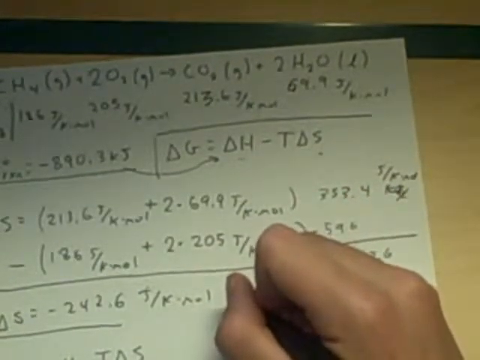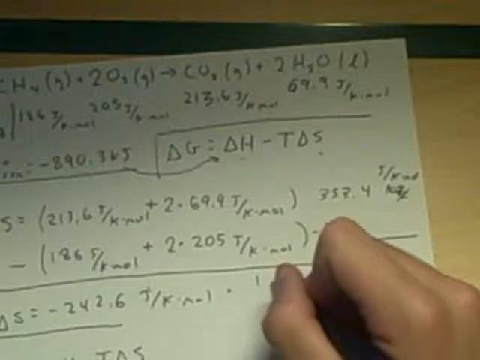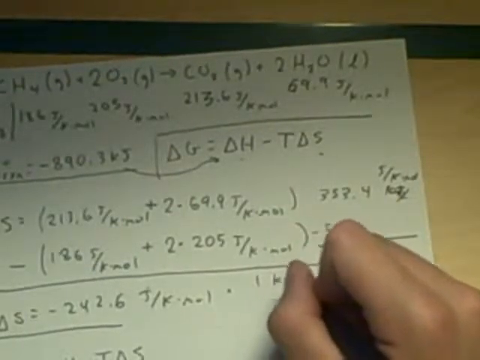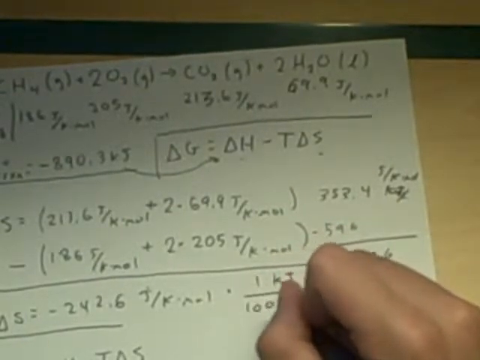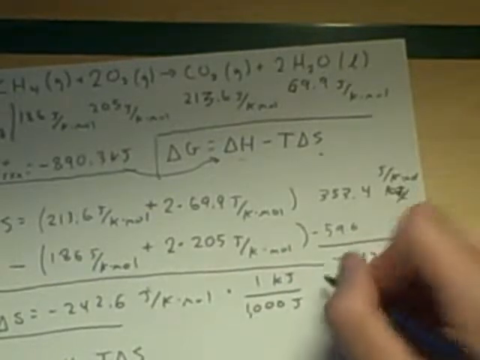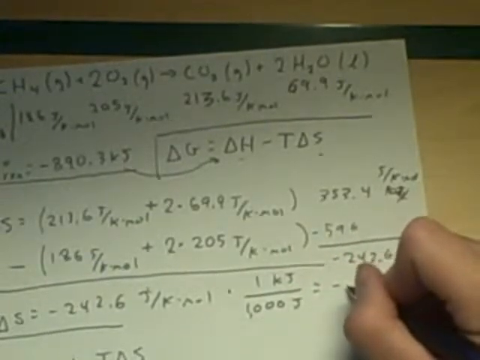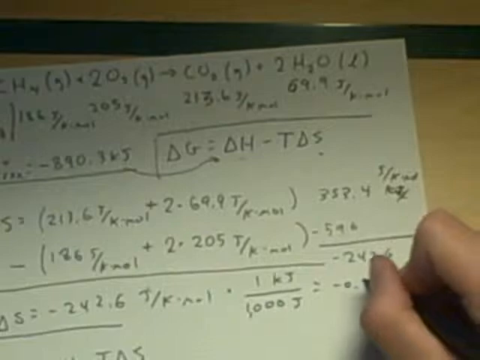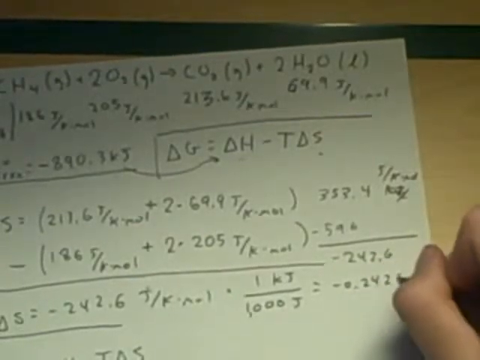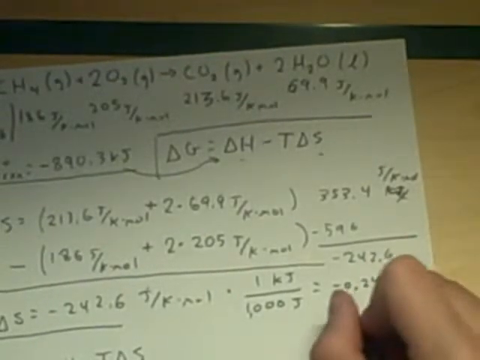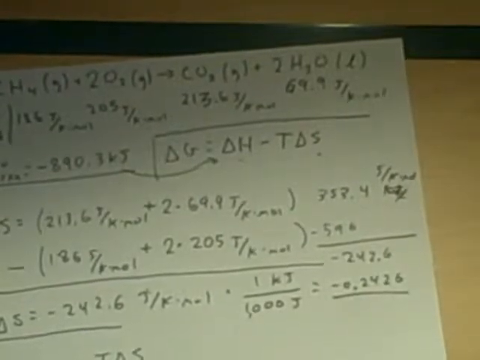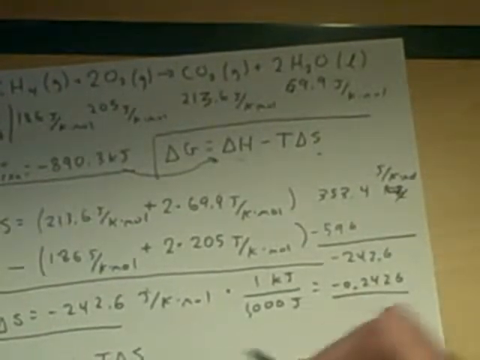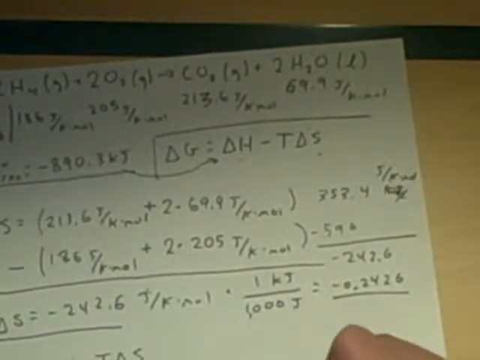So you multiply that by 1 kilojoule in 1,000 joules, and you get negative 0.2426. So that's the value we're going to use. So minus whatever T is going to be times negative 0.2426.